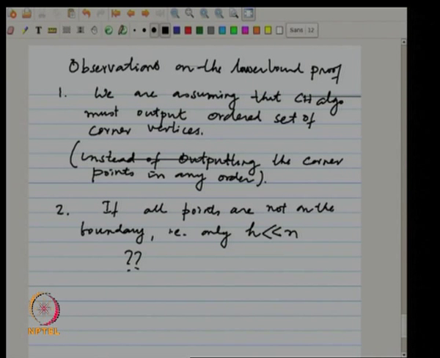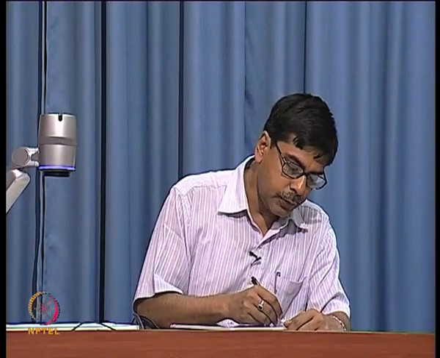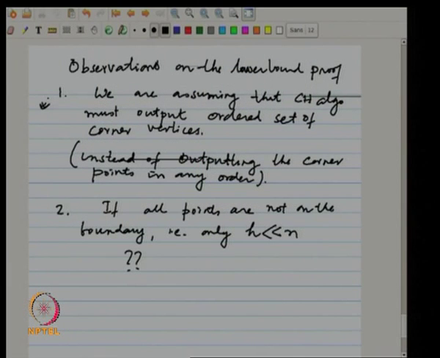To the contrary, we have already seen an algorithm that works in n times h time, and an algorithm that works in n log n time, and they are incomparable depending on the size of the output. If the output size is very small, one is better; if the output size is large, the other one is better. We only know that if the output size is large, then n log n is optimal if my convex hull is required to produce the points in sorted order. I will address this again later, when I get into more formal models of lower bounds.